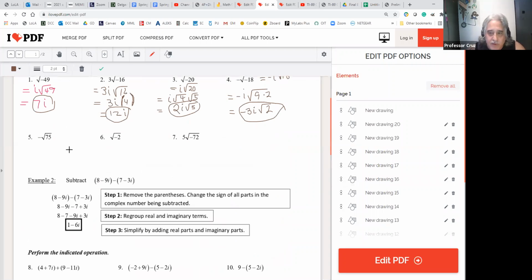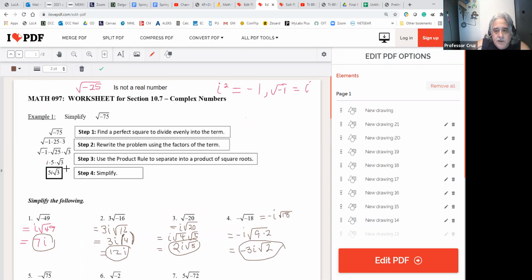So what is the difference on number 5? Okay, that has no negative sign on the inside, so that's just going to be negative i square root of 3.